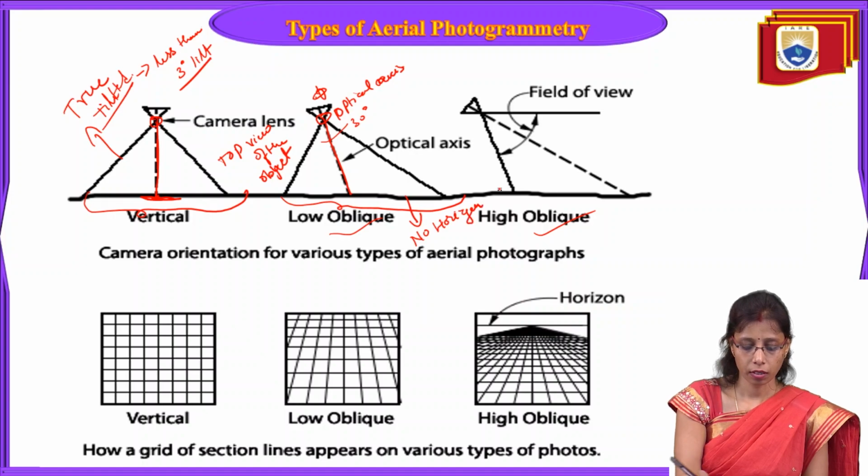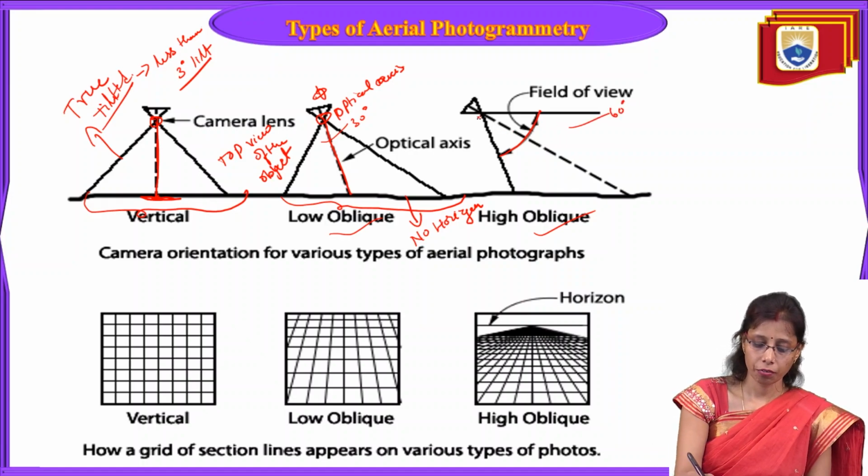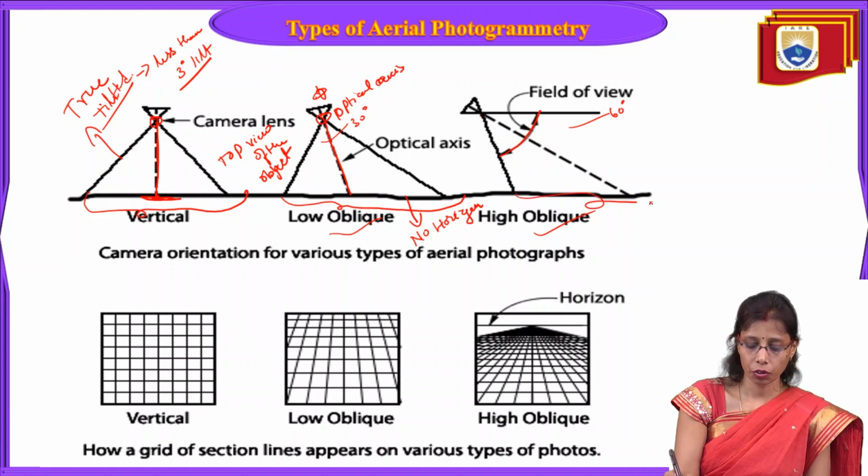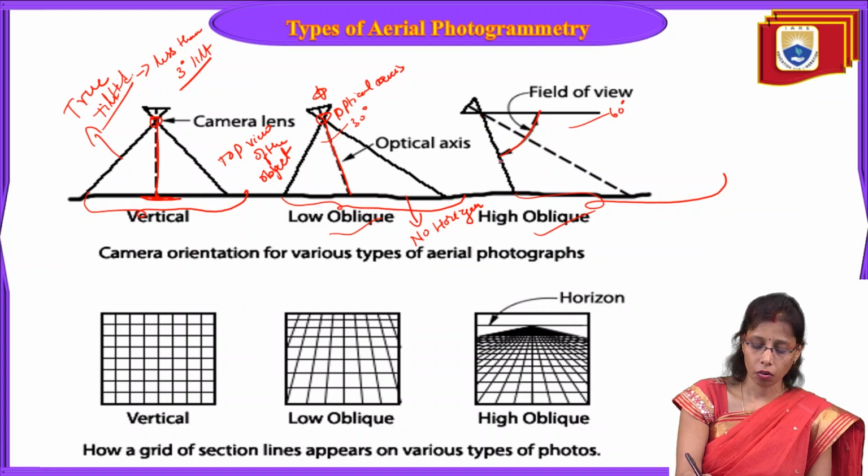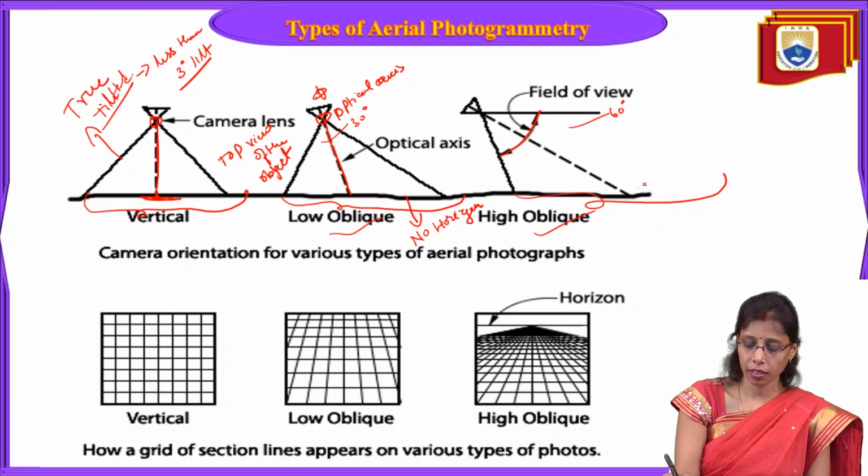Here in this high oblique photograph, the angle inclined will be 60 degrees, and the field of view will be more wide. So the field of view is up to here to here, and the area coverage from here to here will be there.